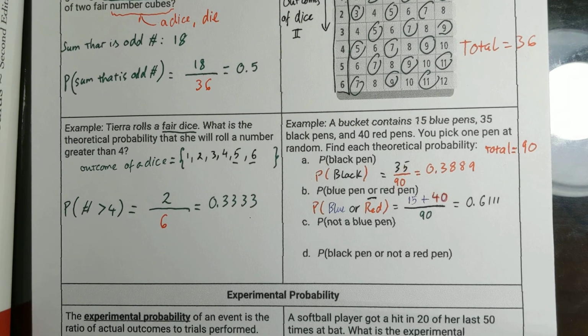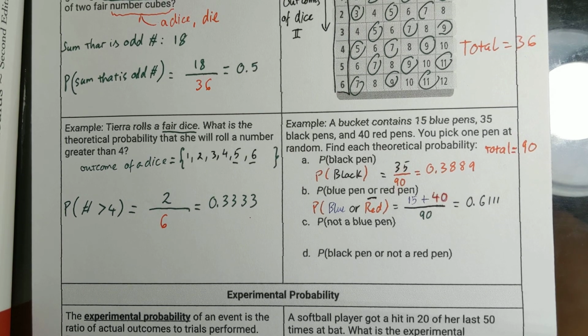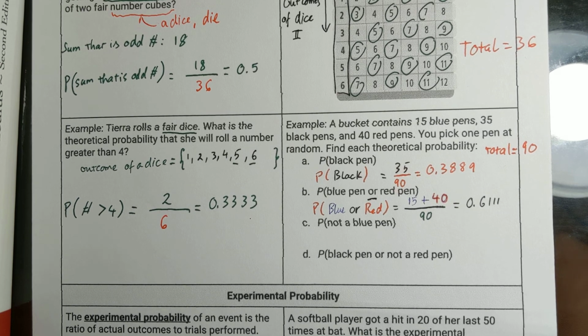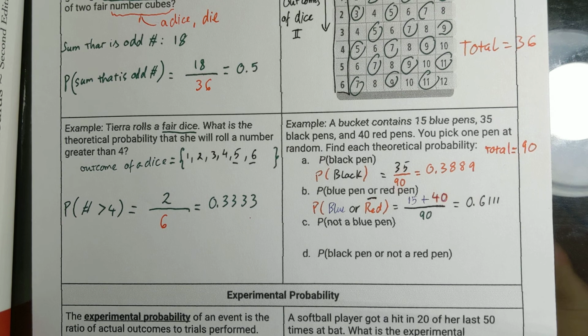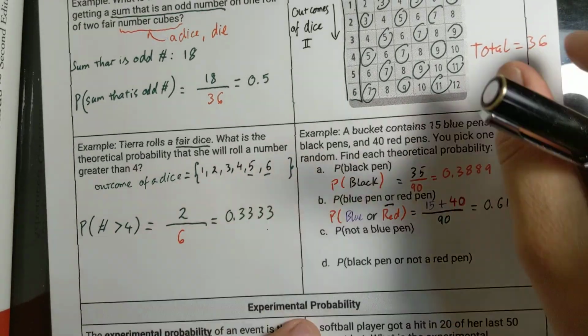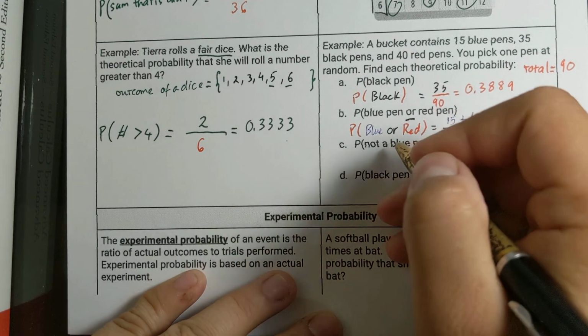So the next part asks you, what's the probability of not a blue pen? Not a blue pen, meaning it could be a red pen or it could be a black pen. And so there's two ways you can do this. Either you get the number of black pen plus the number of red pen over the total, or the other one. For this particular example, I'm going to do both so you can see the difference.